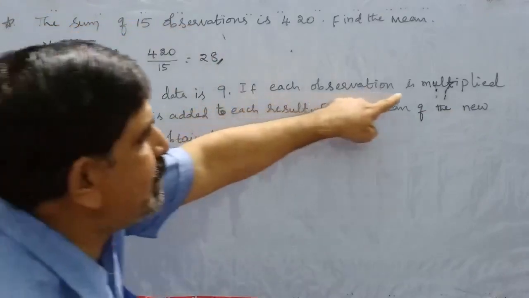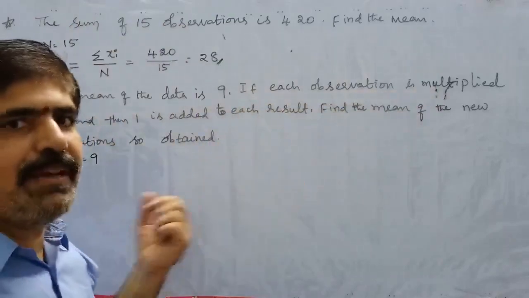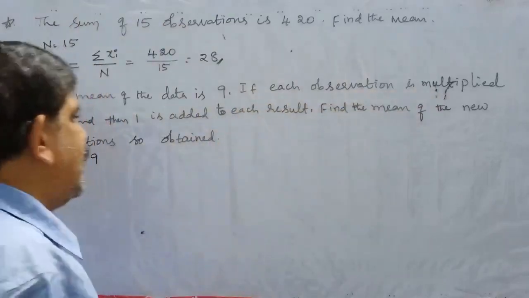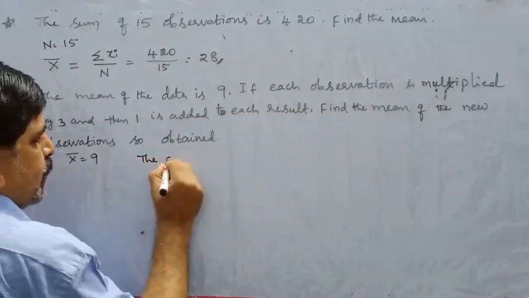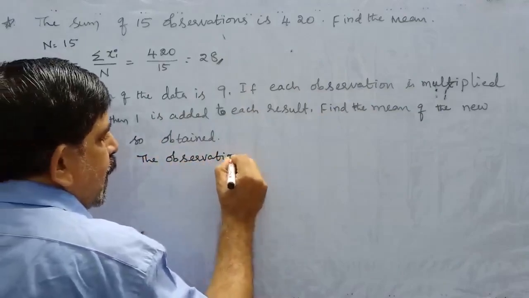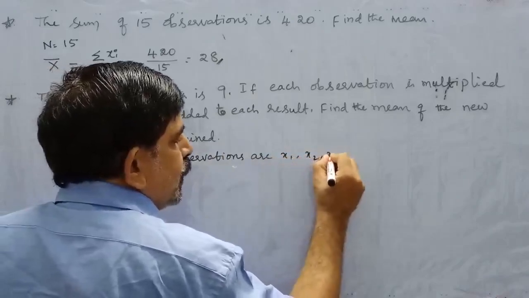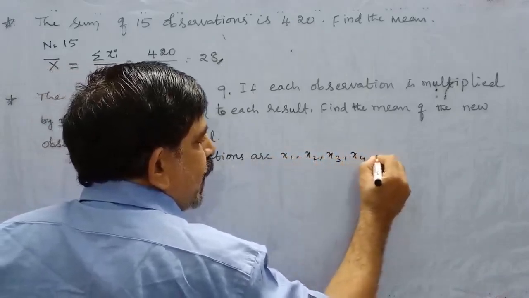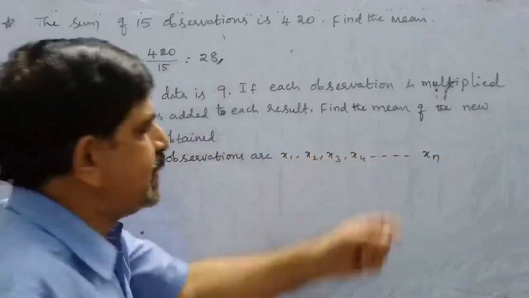If each observation is multiplied by 3. How many observations are there? We don't know. So let us suppose the observations are x1, x2, x3, x4 and so on, xn. So these are the observations.